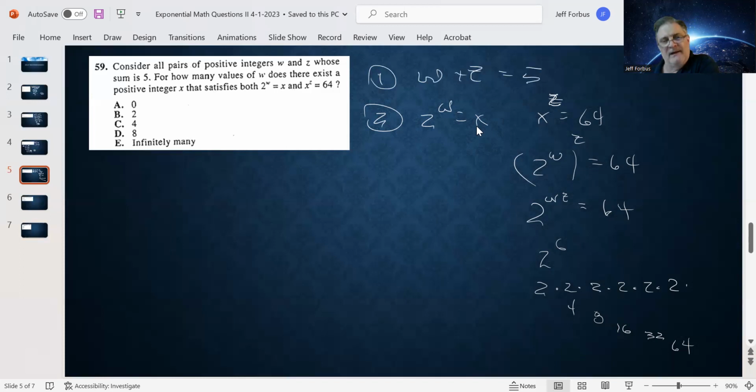The other issue here is we have statement number 1 that W plus Z must equal 5. So we're limited by statement 1. That means we got to use two numbers that add together to give 5, but yet multiply together to give us 6, right?